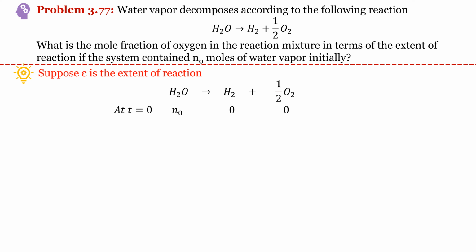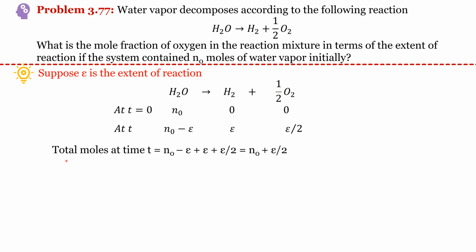Now as the reaction progresses, moles of H2O will convert to products. So at any time t, we can write N naught minus extent of reaction, and for H2 it will be epsilon, and as per the stoichiometric coefficient, for O2 the formation will be epsilon by 2.